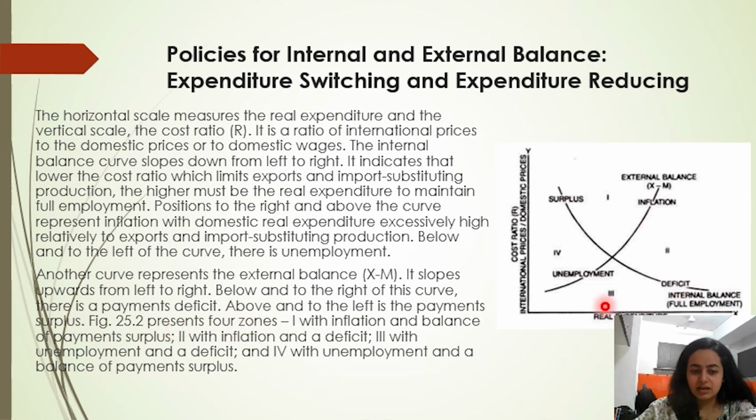So again, this diagram is also divided into 4 zones: inflation and balance of payment surplus in zone 1, inflation and deficit in zone 2, deficit and unemployment in zone 3, and unemployment and balance of payment surplus in zone 4.